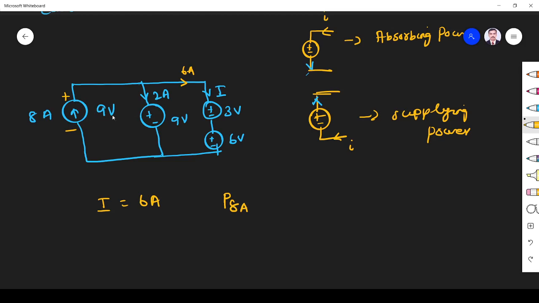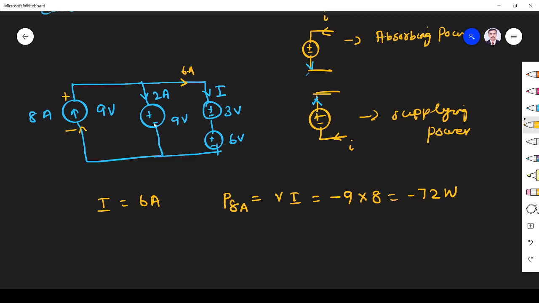Supplying power means current enters through negative and goes out through positive. We know P is equal to V into I. Here current enters through minus, so put minus 8, V is 9 volt, I is 8 ampere, so it is minus 72 watts. This is the supplied power.